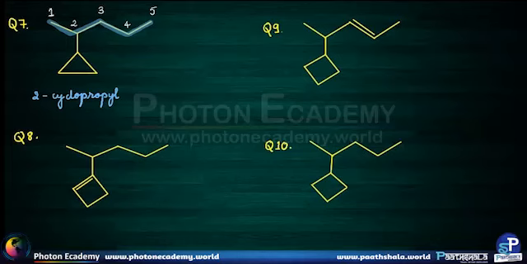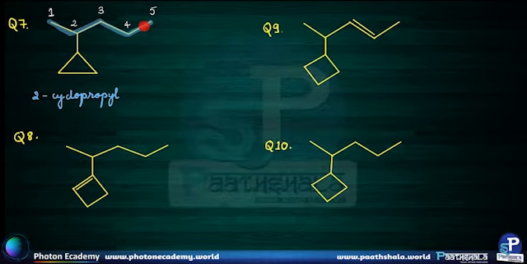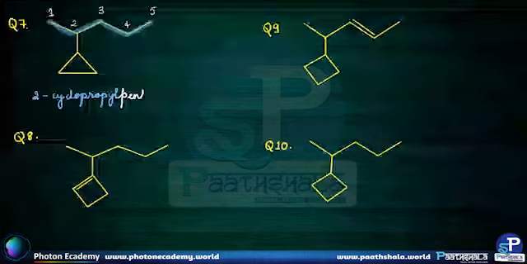Now in this problem we won't use any cyclo before the word root because our main chain is the open chain. The word root that we will give is pent, because of the open chain. So, there won't be any cyclo present over here, and we will directly write 2-cyclopropylpentane.